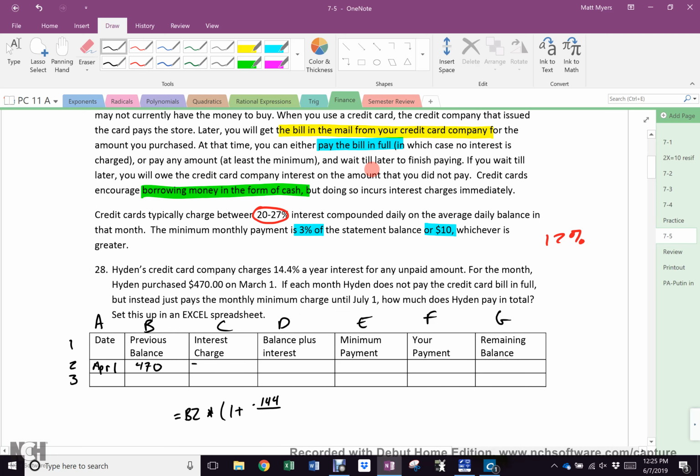How do they do the payments? Or how do they do interest? But I didn't pay it off in full. Monthly? Or daily? Daily. So what's going under here? 365.